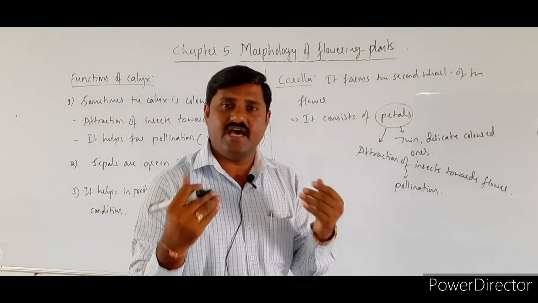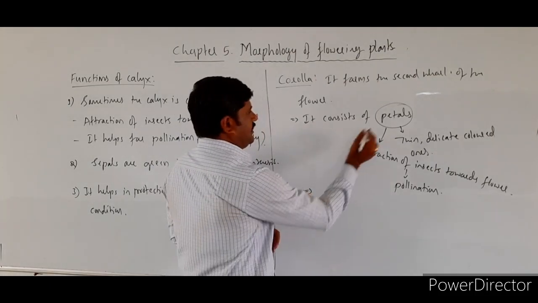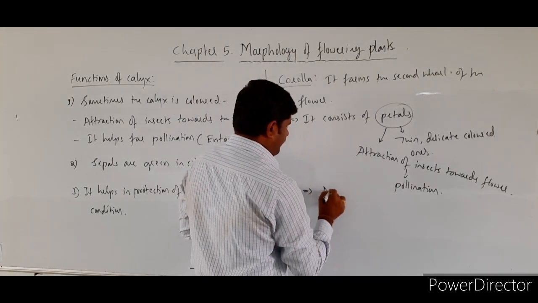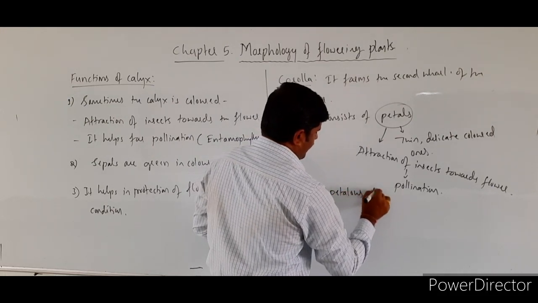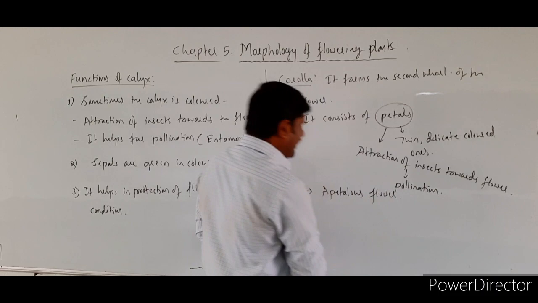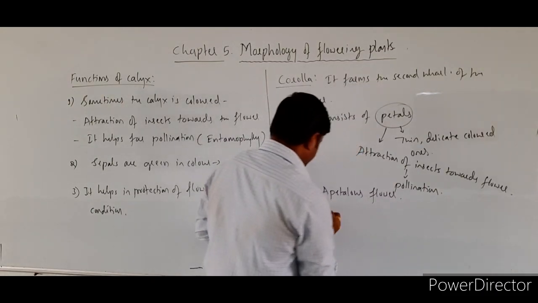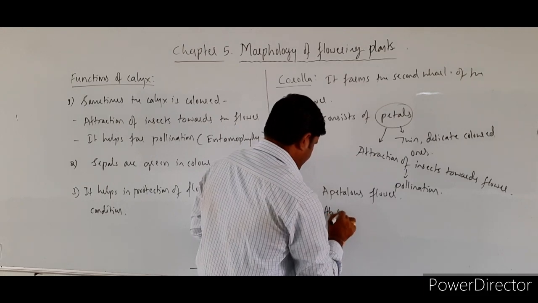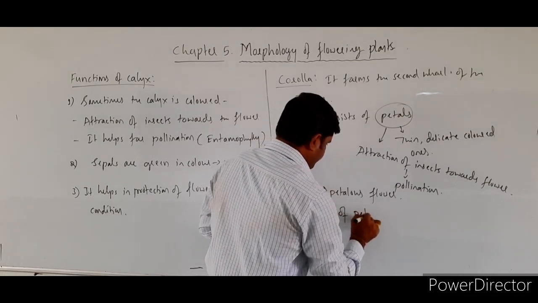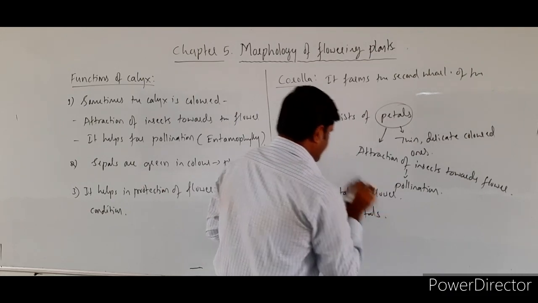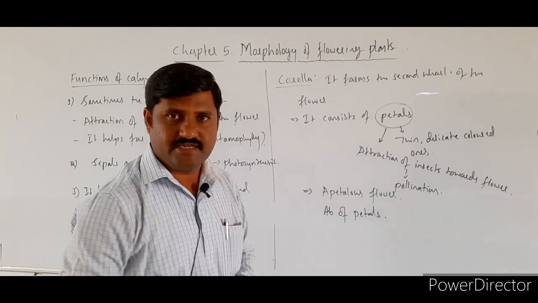If they are absent in the flower, then it is said to be an apetalous flower. Apetalous flower in the sense that there is absence of petals. This is the condition we can see.